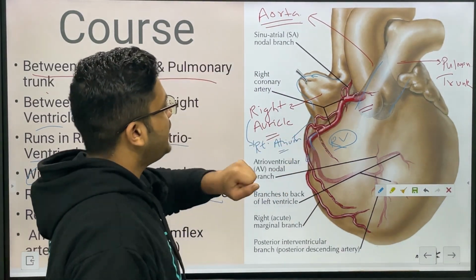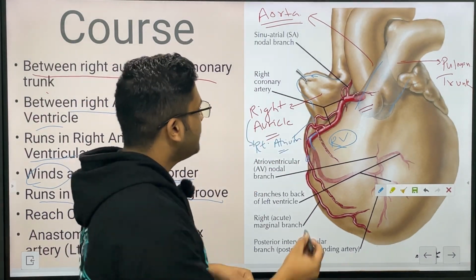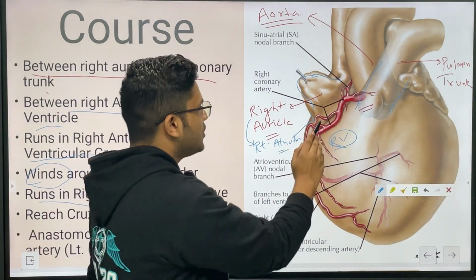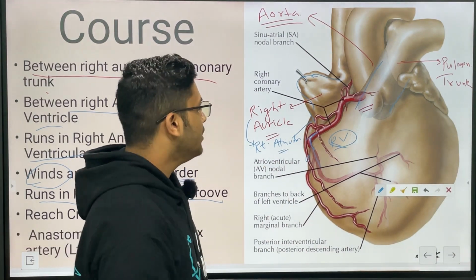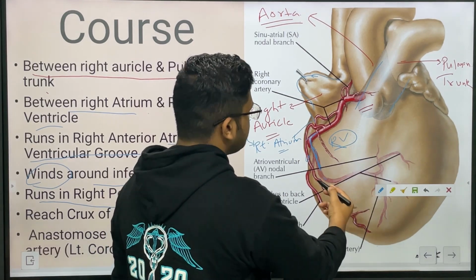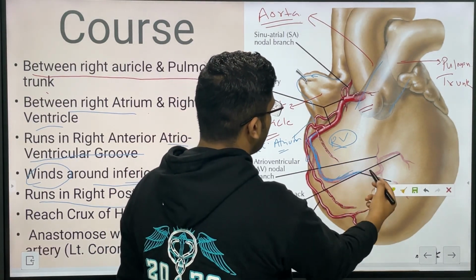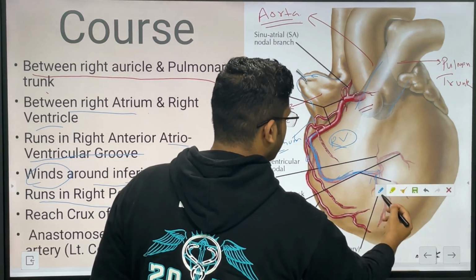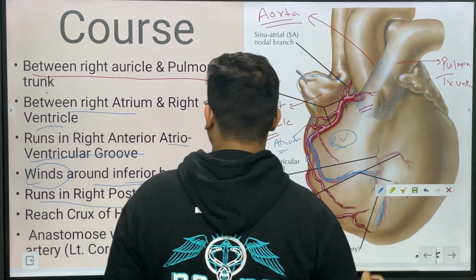This is also your right AV groove, and that's also your right AV groove. What is the difference between these two grooves? This groove is on the anterior aspect and that groove is on the posterior aspect. Here you can see it is running on the posterior side of the heart. This is your right coronary artery running like this, and it is continuing here.